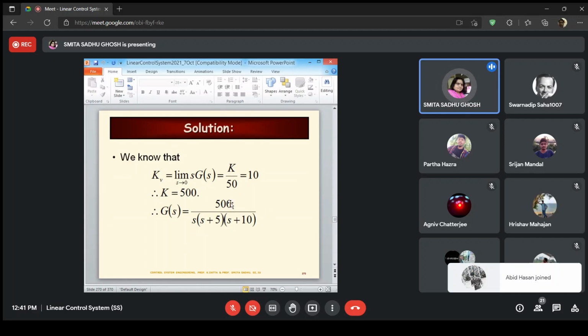You put s equal to j omega and then find the magnitude of G(s). From there, you substitute omega equal to 1 radian per second and calculate the magnitude value. How much is going to be the magnitude value for omega equal to 1 radian per second? Can you just do that and tell me, so that I know that you have understood that much.